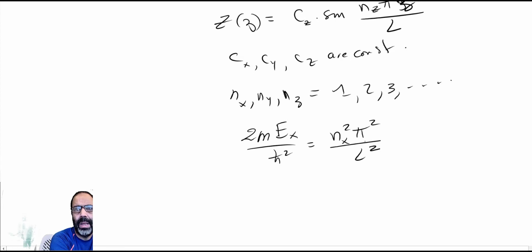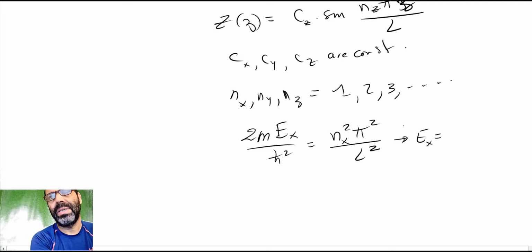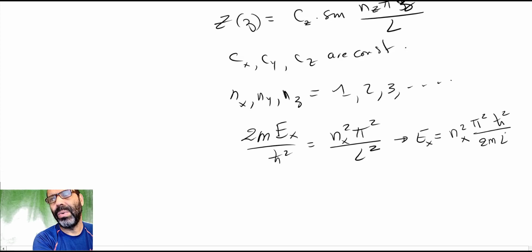If I work out this algebra, the Ex, the energy component, or at least whatever that term is, it's a constant at this point. When we add all of them, that's when we're going to get the energy. So it's nx squared pi squared h bar squared divided by 2mL squared.